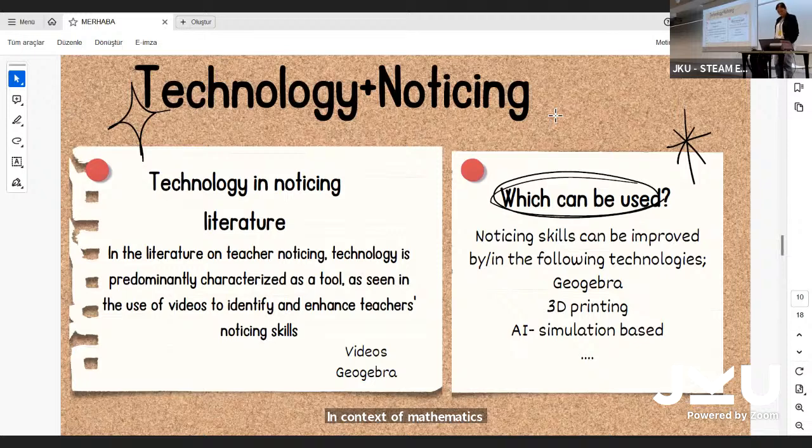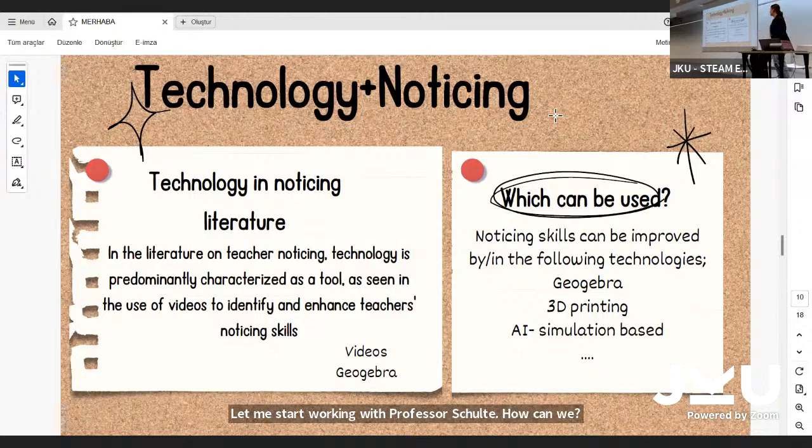When we started working with Professor Scholz, we talked about how we can get a common research area, and I thought about technology and noticing, combining those. But the question is how. So we looked at the literature, technology in the noticing literature, because we know that technology is everywhere.